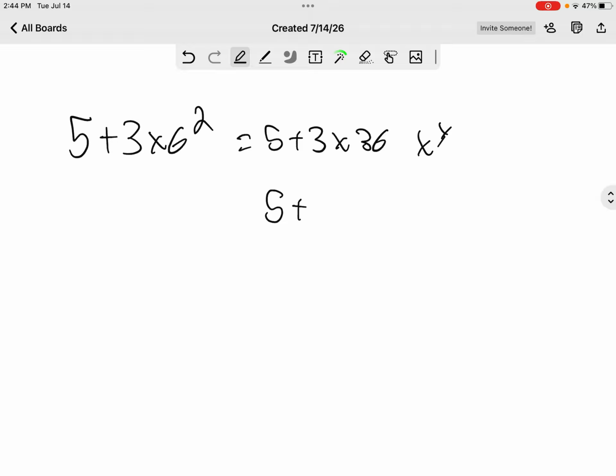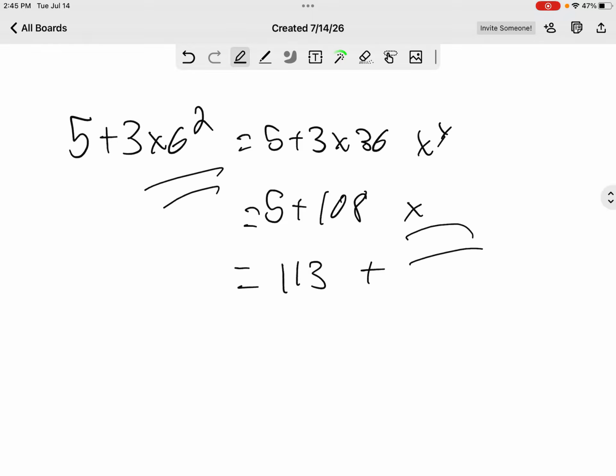Then 3 times 36 gets us 108, which means we're doing multiplication at this time. Then 5 plus 108 makes 113, which means we're doing addition at this time. As you can see, we started with exponents, then went on to multiplication, then ended with addition.